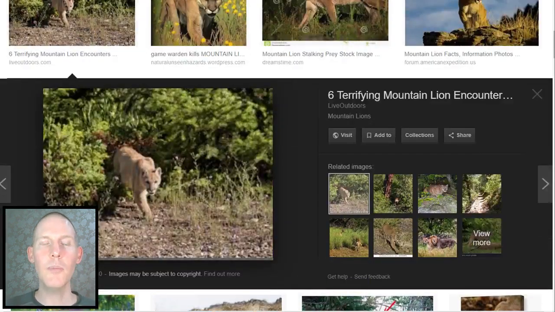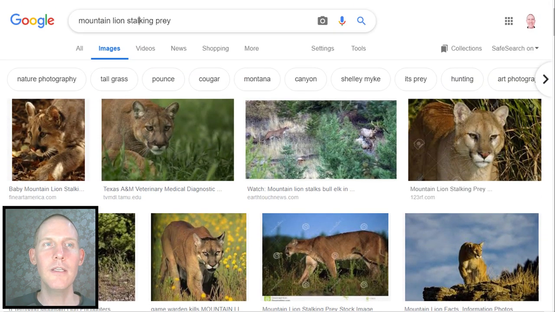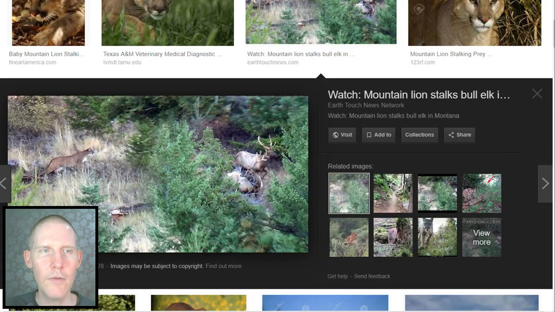They're creeping up on the animal. They're trying to hunt them. That's stalking your prey, right? I suppose humans can do it too. Maybe if they're in a war or something, they're sneaking up, right? Ooh, here's one right here. Like we have two elk, two kinds of deer. I think it's an elk. And you have a mountain lion over there stalking the prey. And the prey is the food that the predator, the mountain lion, wants to eat.